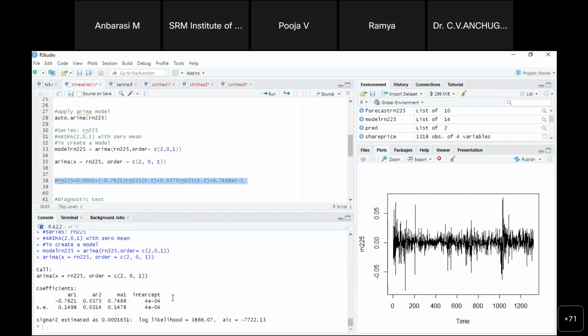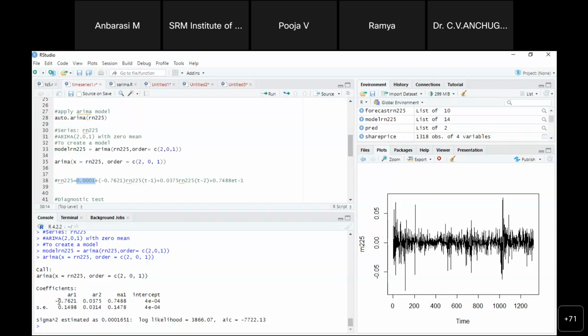The intercept is nothing but the constant value, which is 0.0001, that is 4 into e to the power minus 4. The p value is 2, which is the autoregression, so you have 2 previous values to consider.